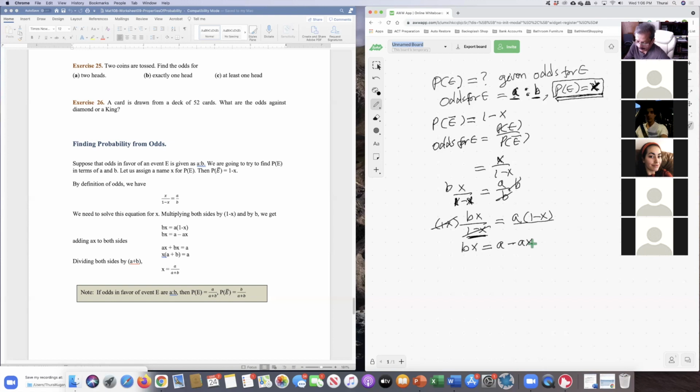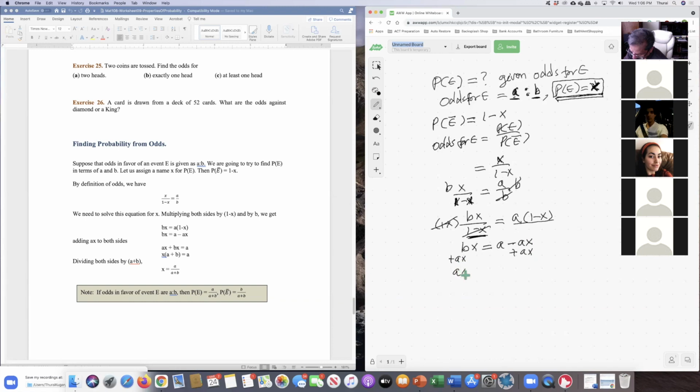Okay, I'm trying to solve for X, remember? So I'm trying to find X in terms of A and B. So I need to bring the X's together. So this minus AX on the right side, if I add AX to both sides, then it'll come to the left side.